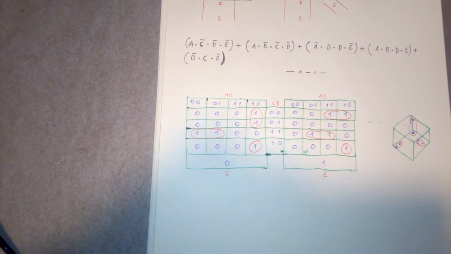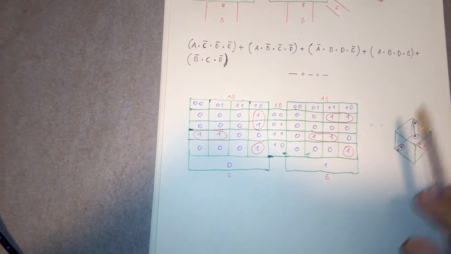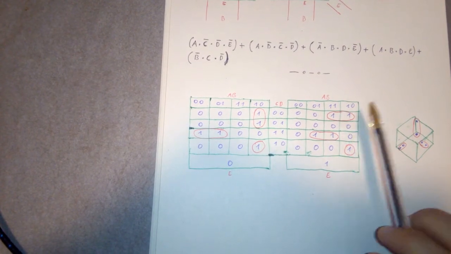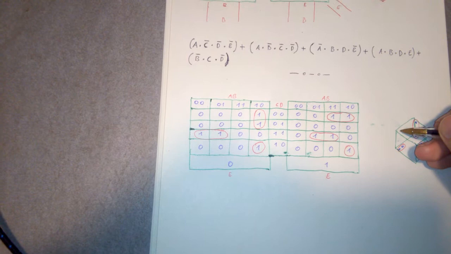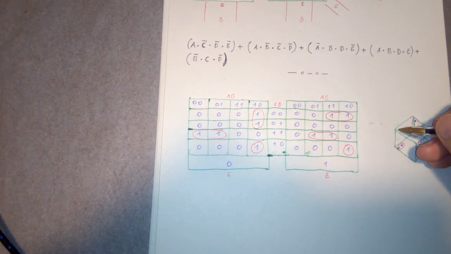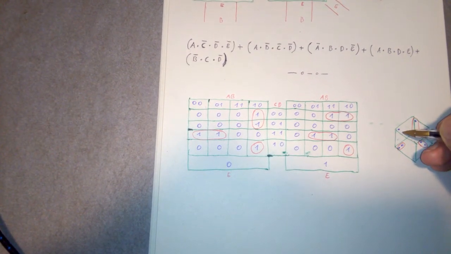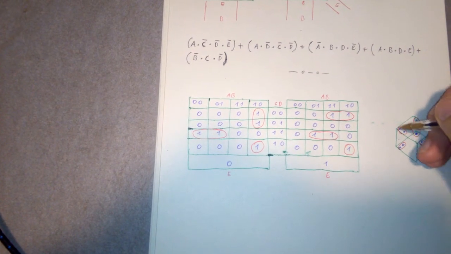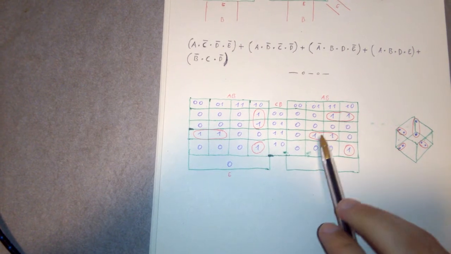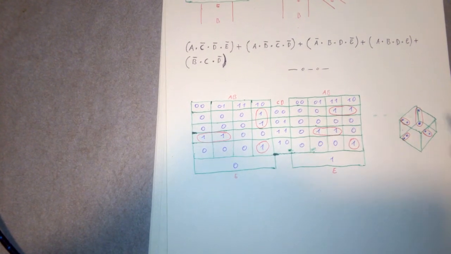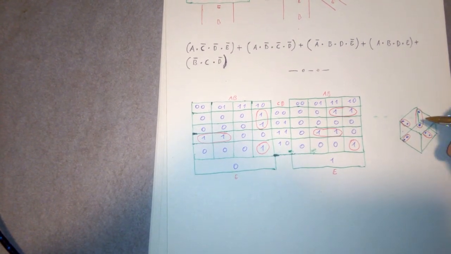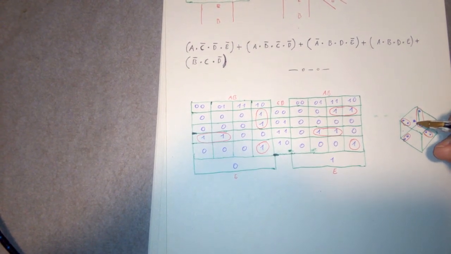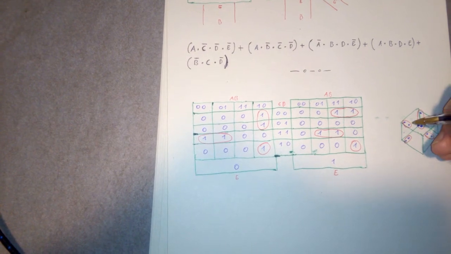Now, we still have the top plane with this group here at the top, which essentially is a group of 2 with those 2, those 2, and a group of 2 again here, essentially in the middle, which is basically a group of 2 here.